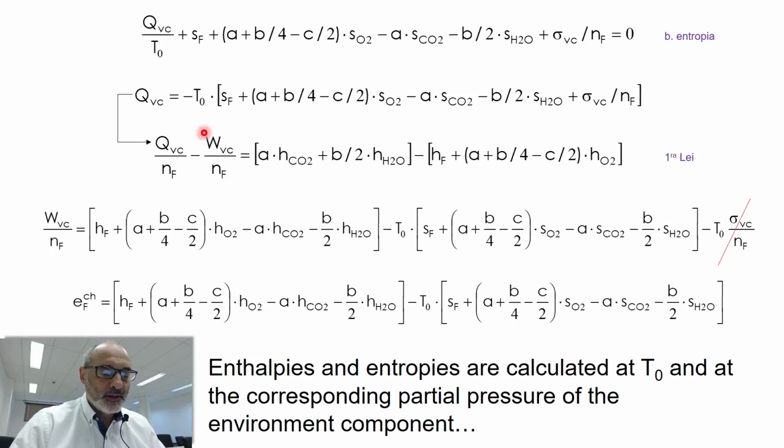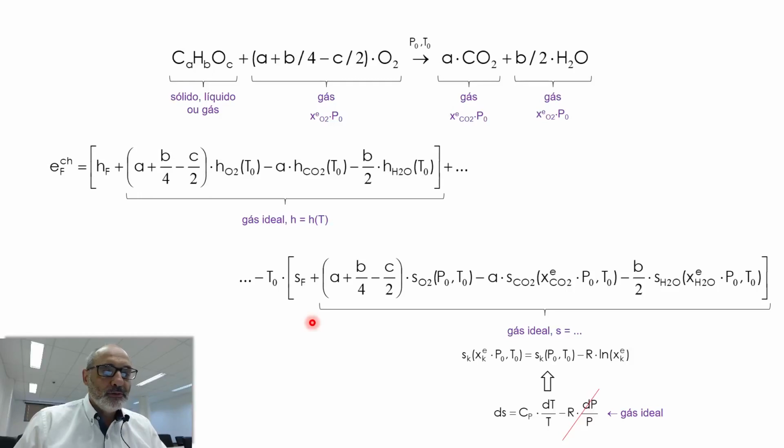So, for instance, this enthalpy of CO2 must be calculated at T0 and at its partial pressure. It is true that the influence of pressure on enthalpy is small, but if you want to be very precise, you're going to consider the pressure. So, doing all the calculations.